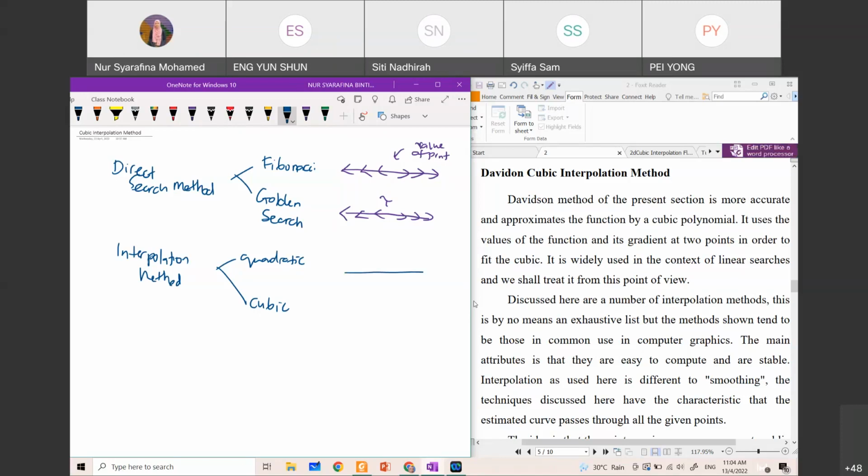We have x1, x2, x3, and x4. So we discard what? Discard the highest.